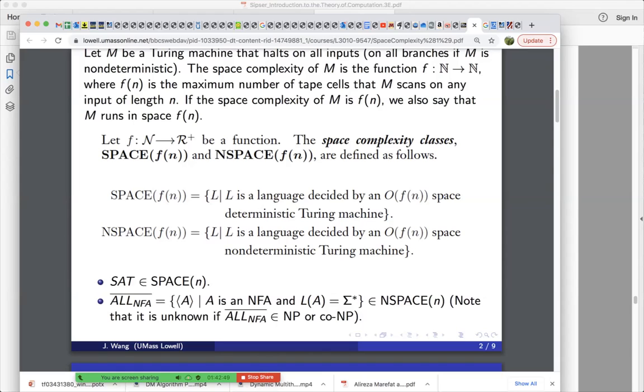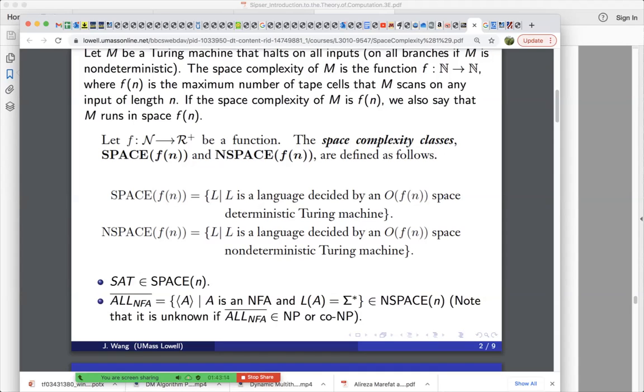Non-deterministic just means that from one state you have different choices to go to the other state. But once you read the description of the NFA, you just need to check whether there are some strings that are not accepted. That can be done in linear space.